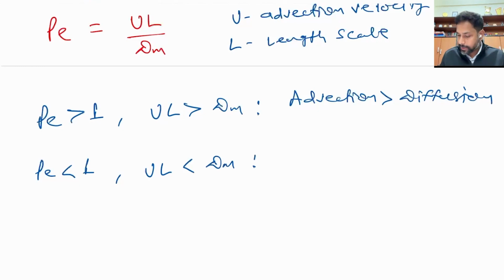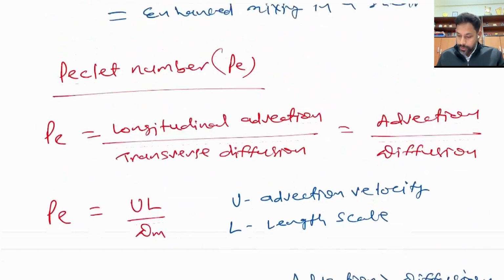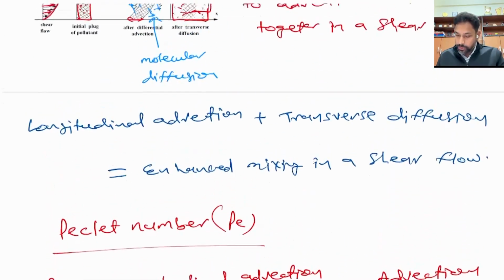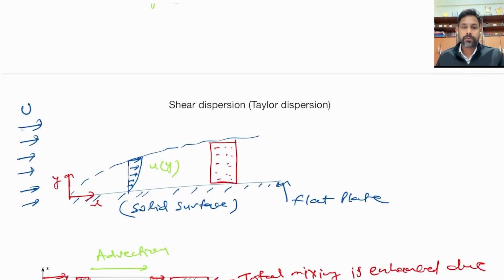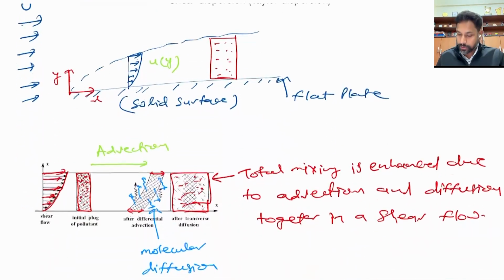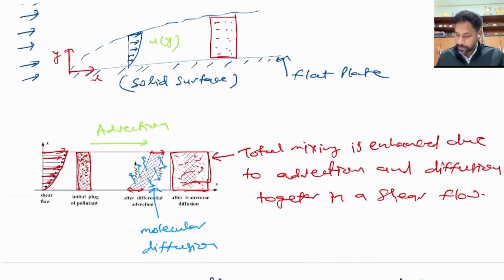In that case, diffusion dominates, where diffusion is greater than advection. Okay, so this is the Peclet number which is used to quantify the effects of diffusion over advection, or advection over diffusion for a particular condition. And this process of enhanced mixing is known as the shear dispersion, or also known as Taylor dispersion.